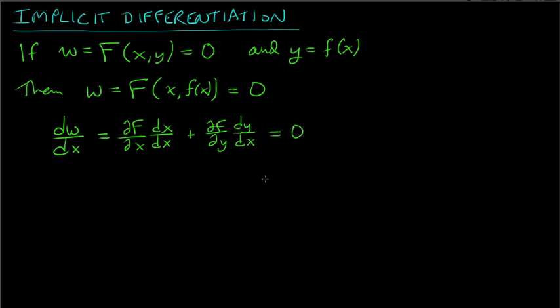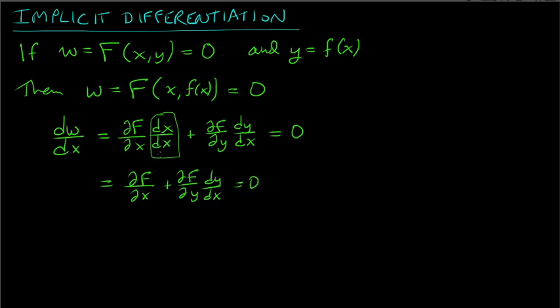And this equals 0, right? Well, the derivative of 0 is still 0. And of course, the derivative of x with respect to x is just 1. So we have partial of f with respect to x plus partial of f with respect to y times the derivative of y.